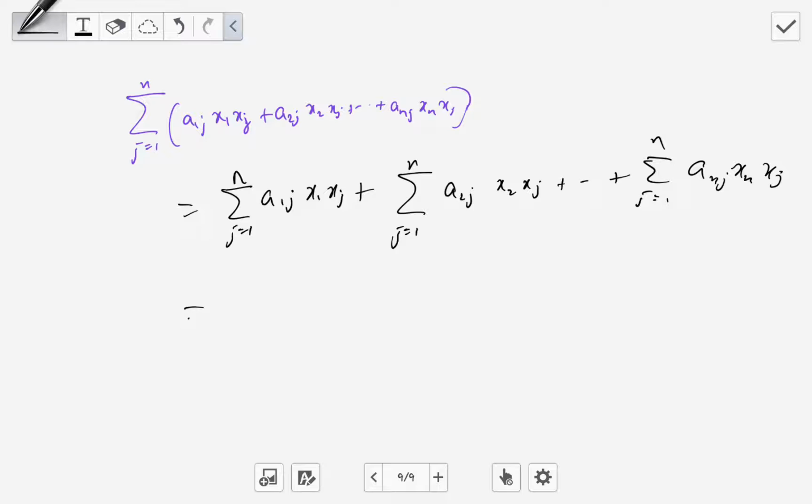Fine. Now what do we have here? In each of them you have a11 x1 squared plus a12 x1 x2 plus so on up to a1n x1 xn. Fine. Then this is for the first one.